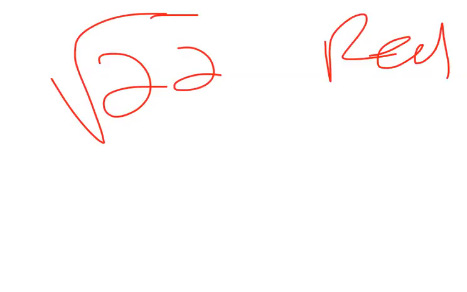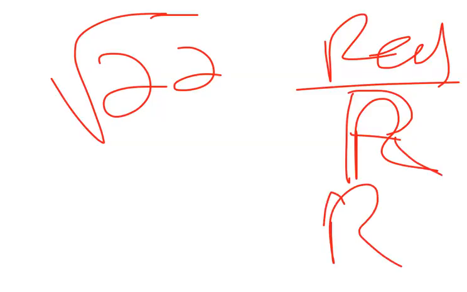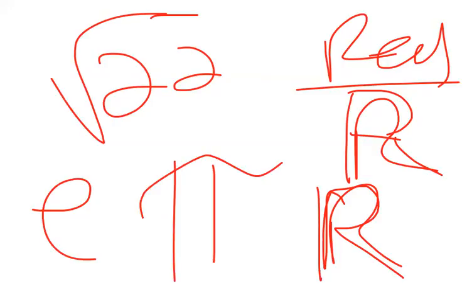Real numbers, like the square root of 22, 22 as well, for that matter. These are all real, which a lot of numbers are. E is a real number. Pi is a real number. These numbers are irrational, but they're still real.